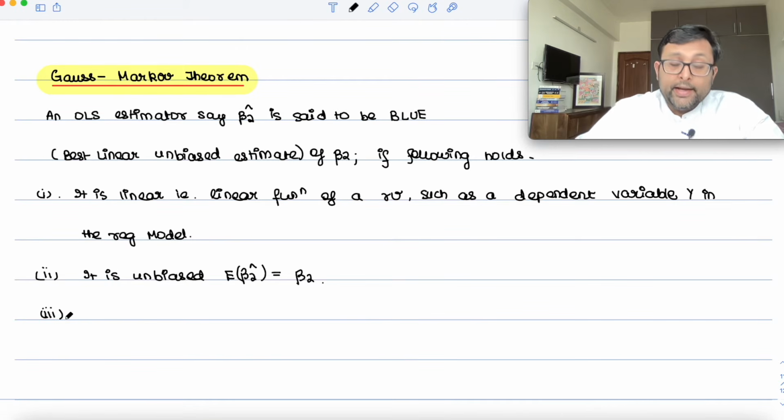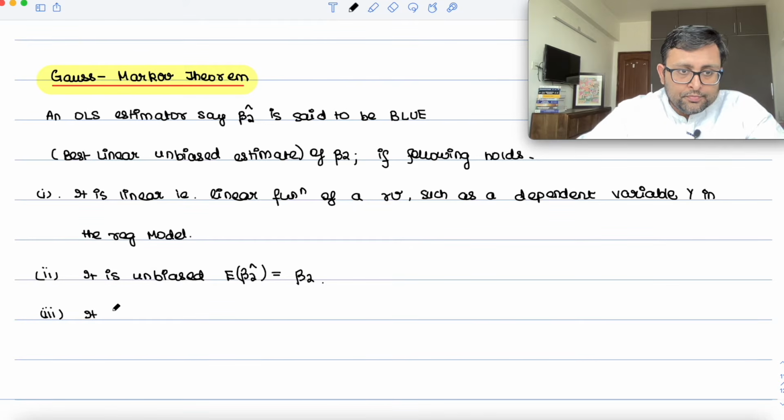Third, it has a minimum variance in the class of all linear unbiased estimates, right? So there can be other unbiased estimates also, and they're linear also. But this OLS estimator has the least variance. That is what it is.